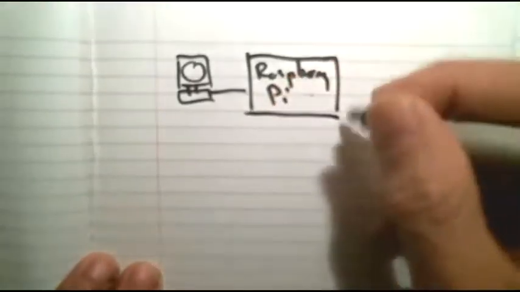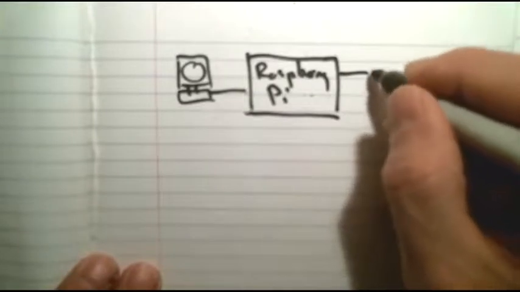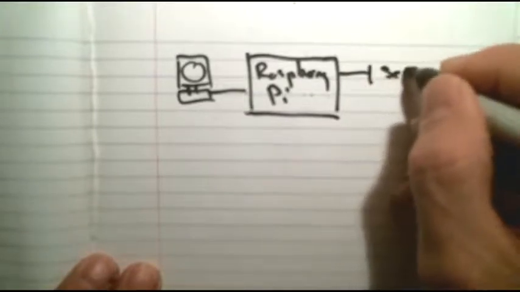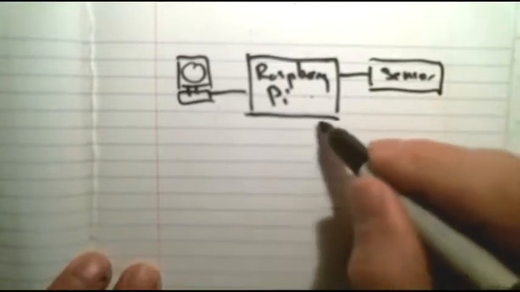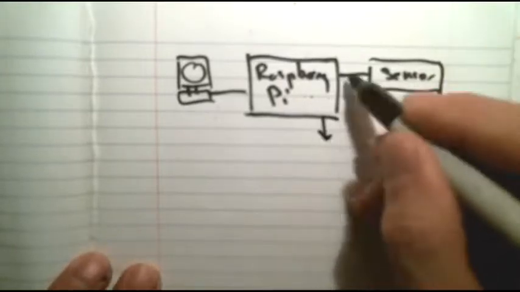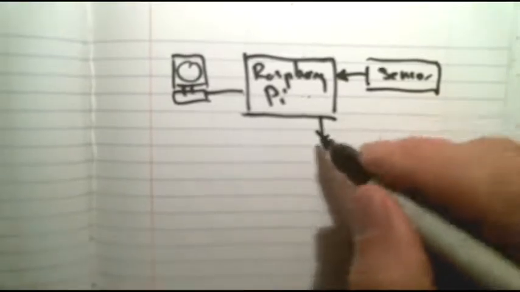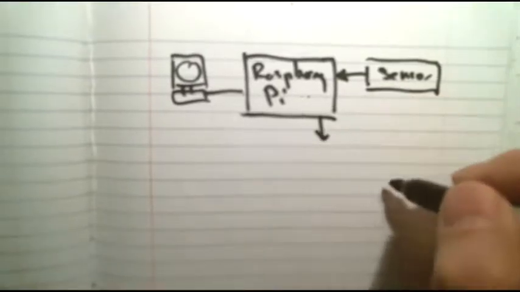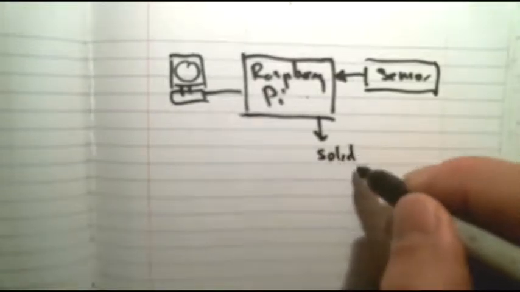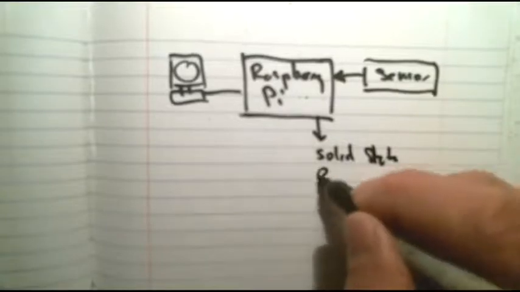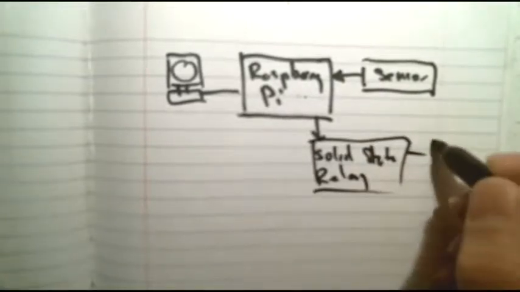We want the Raspberry Pi to monitor the humidity, so we need a sensor. And then we have an output that turns on or off the dehumidifier. What we're going to use is a solid state relay, and that will turn the dehumidifier on.